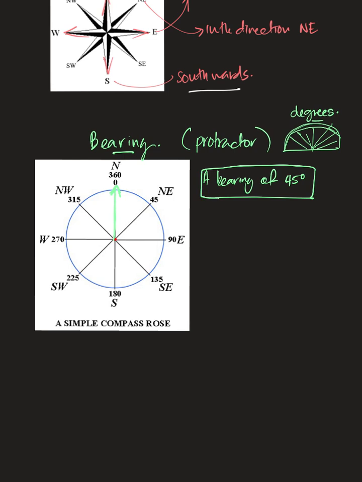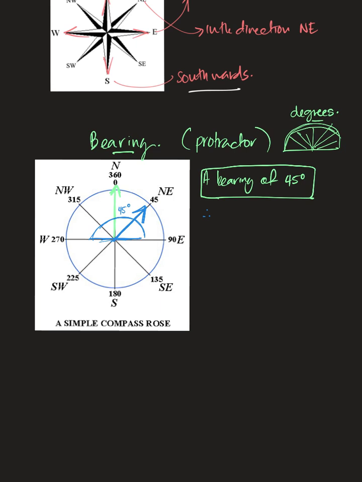So I'm going to take my protractor, and let's use another color, darker blue. I'm going to place it here in the center, and I'm going to measure a bearing of 45 degrees. So I've got a bearing there. The angle between here and here is 45 degrees.